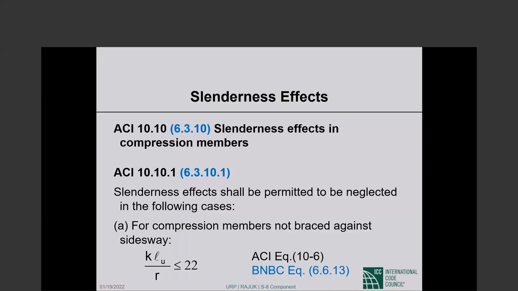So I would refer you to PCA's Notes on ACI 318. This is what the publication used to be called, Notes on ACI 318, published by the Portland Cement Association. The Notes on 318-08 was the last one that was published in print. There apparently are notes on 318-11 that are available free of charge on the PCA website.